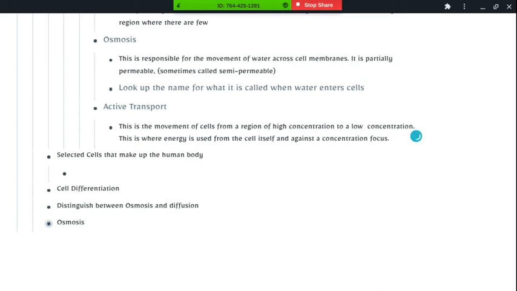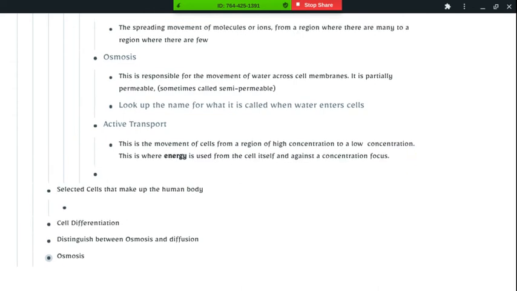So it's essentially saying that, hey, the cell wants to move from A to B. The cell requires energy. The cell powers itself to actively move. Understand? Yes. All right. So it requires energy. And where does the energy come from? The mitochondria. Yeah. Okay. Good.